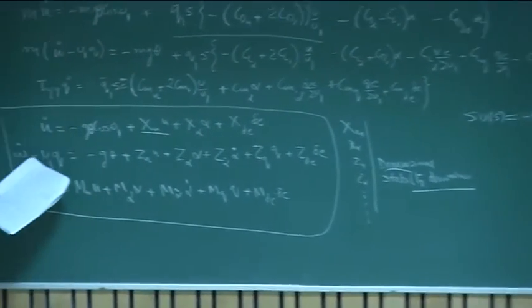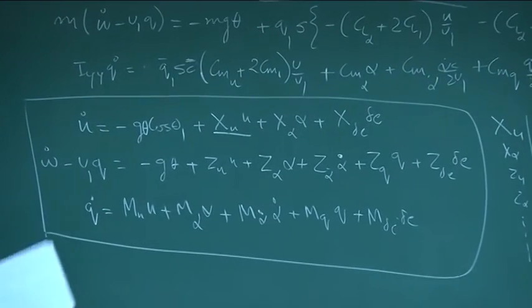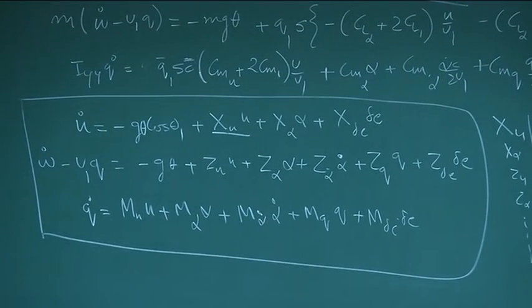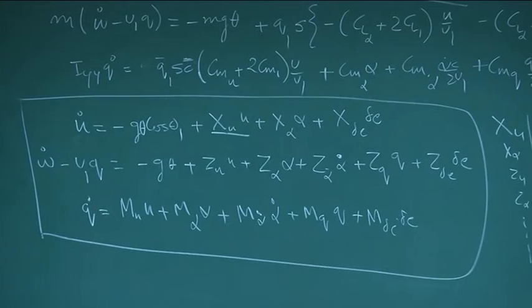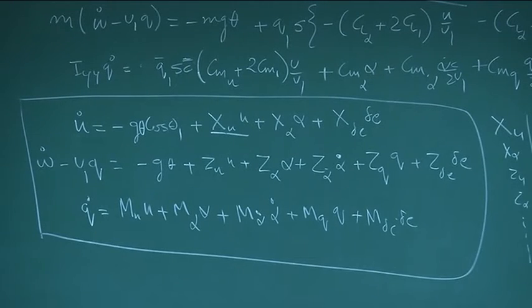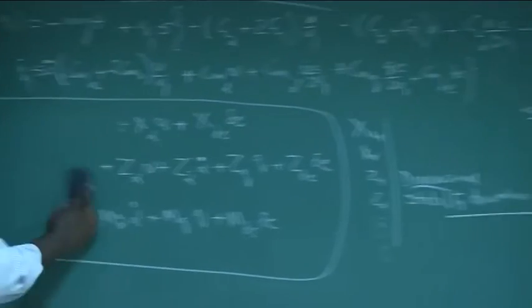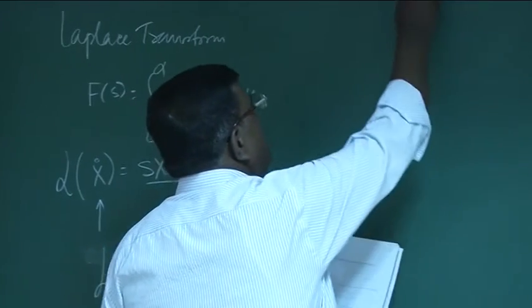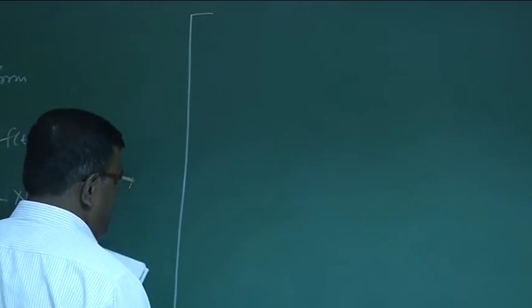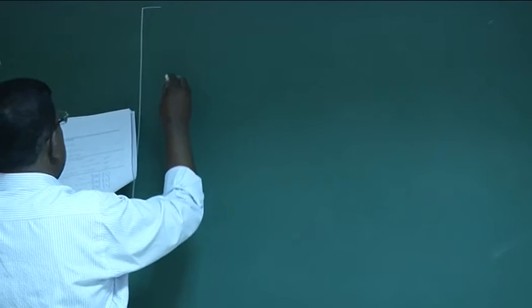Similarly, you can do it here. Take the Laplace transform of the second equation and the third equation, and then you can finally write a neater form of the equations in matrix form. Once you take the Laplace transform of all three equations, let me write what you will get.